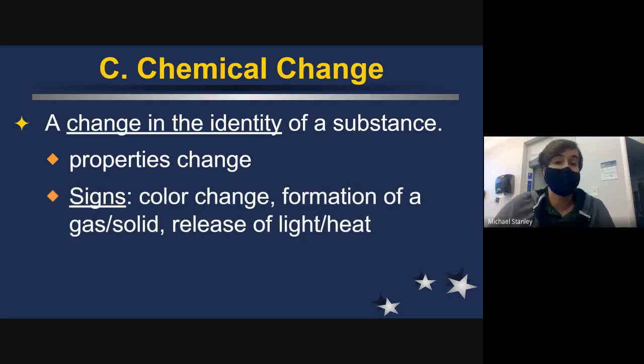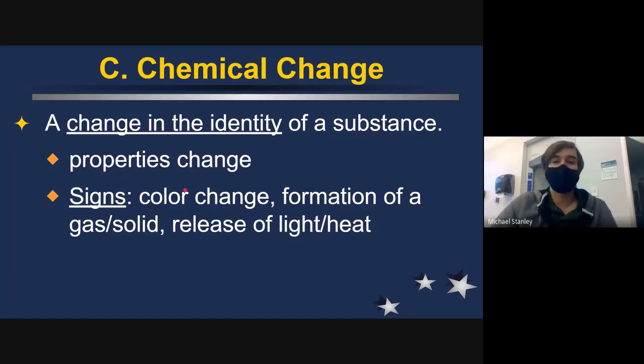So there are some different signs if you're looking at some sort of reaction that it is a chemical change that is going on. So if the color changes, and I don't mean like if you have some water and you pour in some purple Kool-Aid mix and then the water changes to purple.